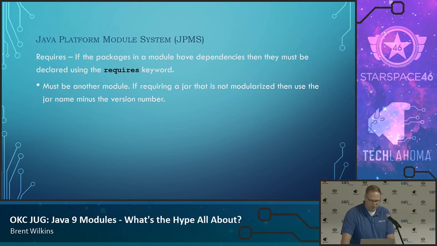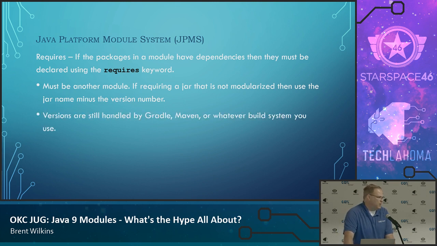If you're requiring a jar that's not modularized already, and there will be a bunch out there, because not all companies are going to jump on the bandwagon and modularize their jar files, you can still access them in your module. You would use the name of the jar file, but without the version. Versioning is still going to be handled by your build system. So Gradle, Maven, Ant, whatever you're using to build your stuff is where you're going to handle all your versioning.